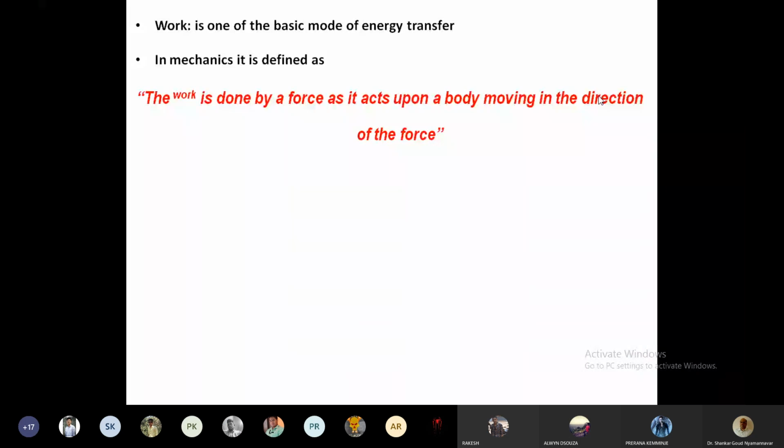Alvin, you want to say anything? Prerna and Rakesh both are saying it is vector product. You want to change your stand or continue with the same statement? Your opinion is it's a dot product. Alvin, can you hear me? Do you want to stick to your original statement or change it?